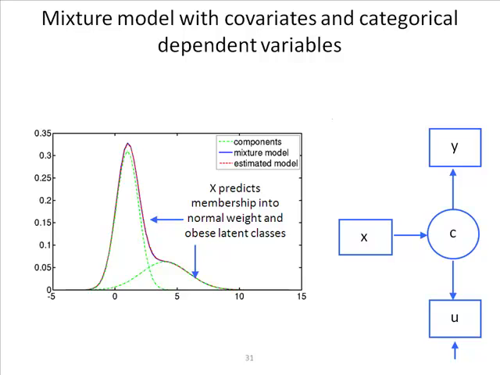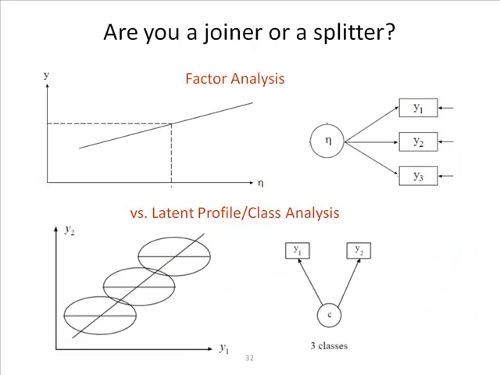And so very often that's our key research interest. It's not so much what our latent classes predict, but what predicts membership of those latent classes. And once again, we can do that all in one step. We can estimate all these parameters, these regression coefficients, jointly with the latent class analysis model.